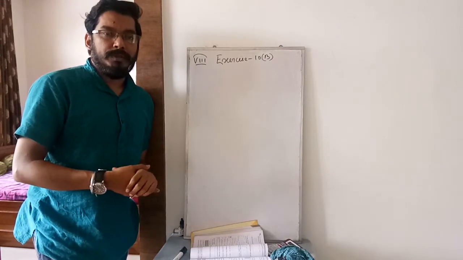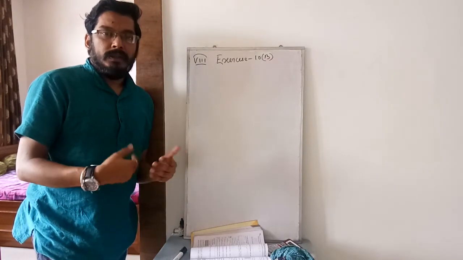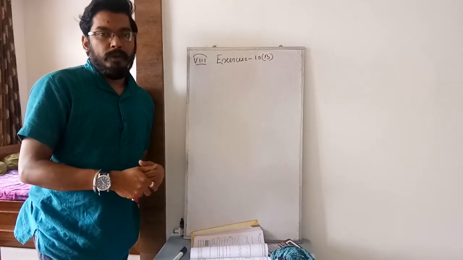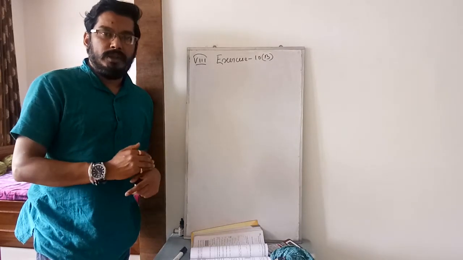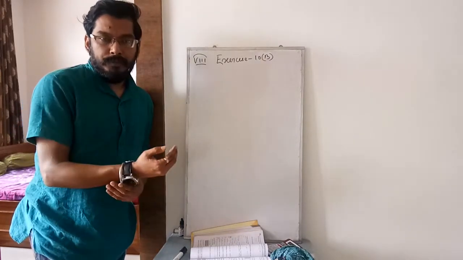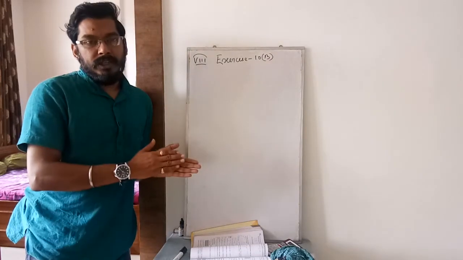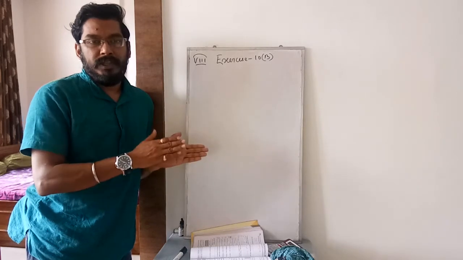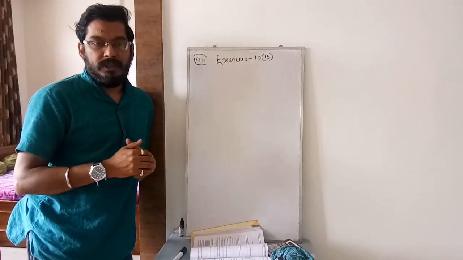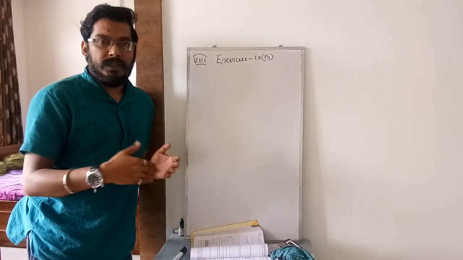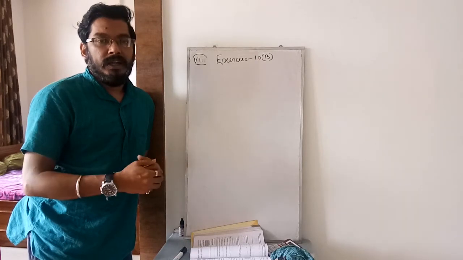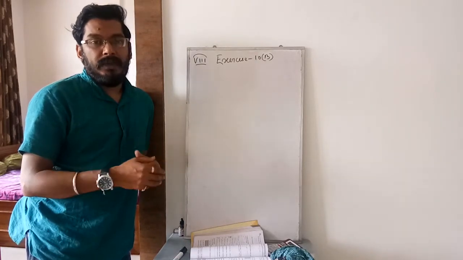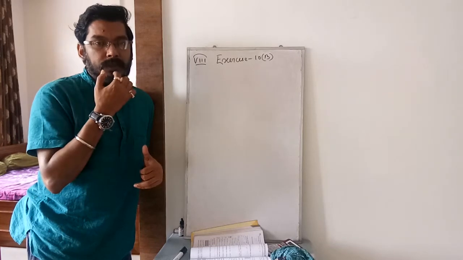If you increase your speed, the time required will be less. If you decrease your speed, time will be more. So speed increased, time decreased. If you decrease the speed, time will increase. So speed and time are inversely proportional to each other.